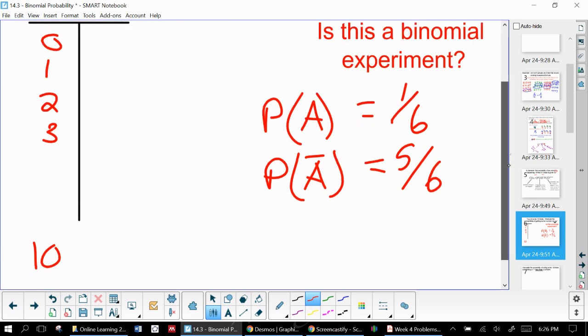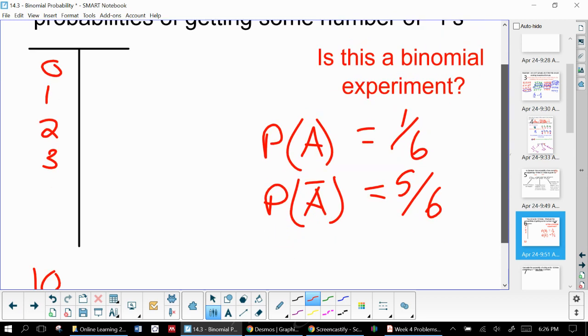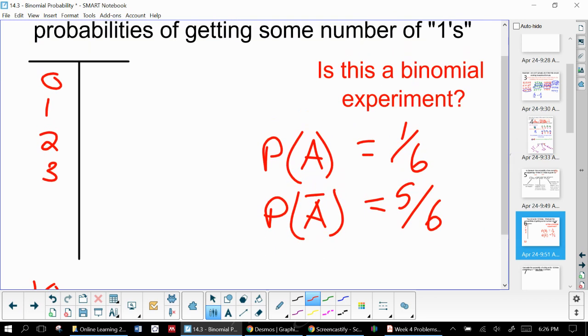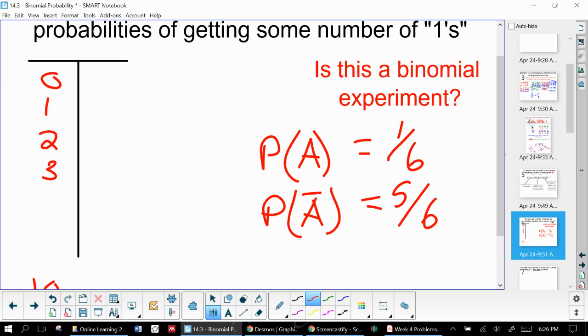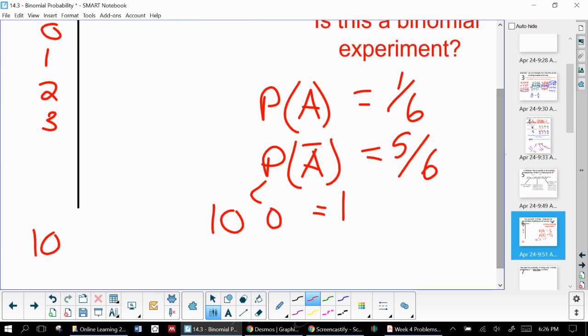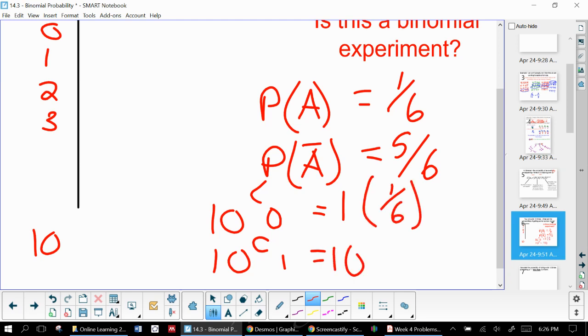And then for each of these different cases, we're going to have a different number of ways to do that. The number of ways to get 0 ones out of 10 chances is 10 choose 0, which happens to be 1. The number of ways to get exactly 1 one is 10 choose 1, which is 10. And we're just going to multiply those by our 1/6 to the 0 power and our 5/6 to the 10th power.